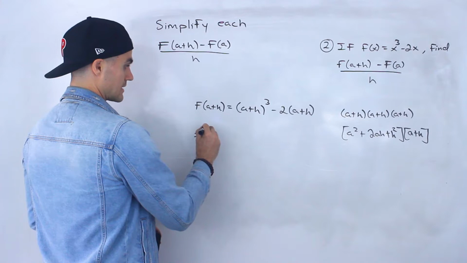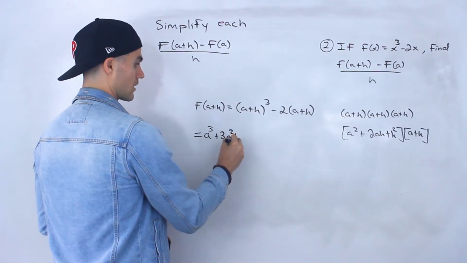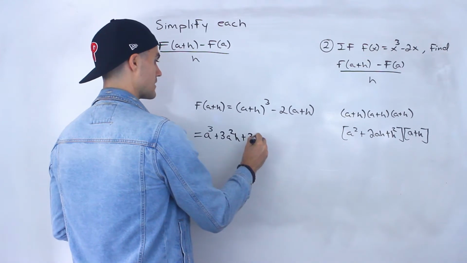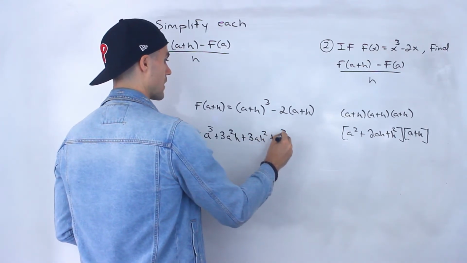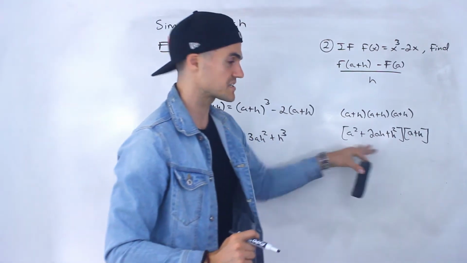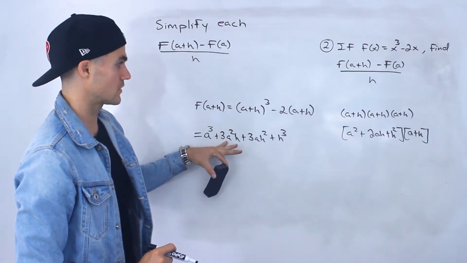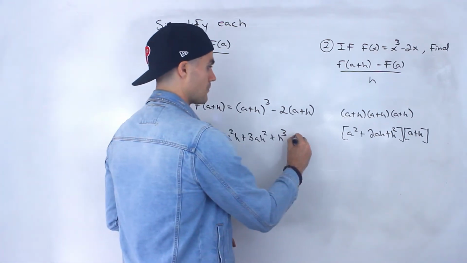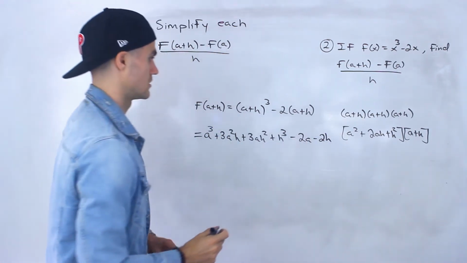The answer you should get is a to the power of 3 plus 3a squared h plus 3ah squared plus h to the power of 3. Right? So if you FOIL all this out and simplify all of the like terms, you should end up getting this over here. And then we still have the minus 2a minus 2h, like that.